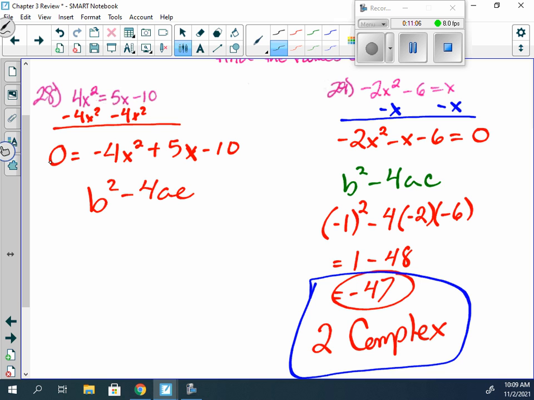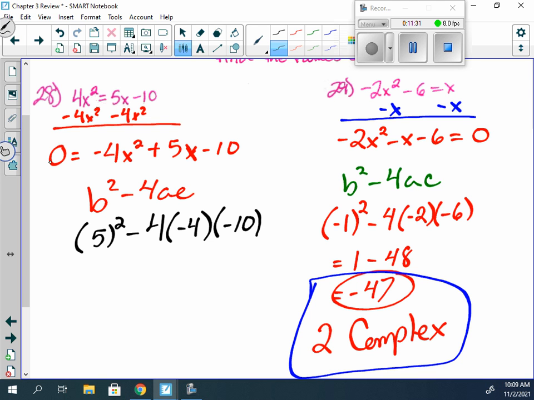Well, the value b is, I mean, if it was negative 5, it actually won't make that big of a difference because of the square. A is negative 4 and C is negative 10. I can tell you right now that we're going to have 2 complex solutions.